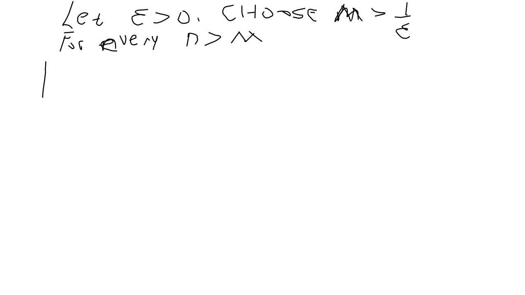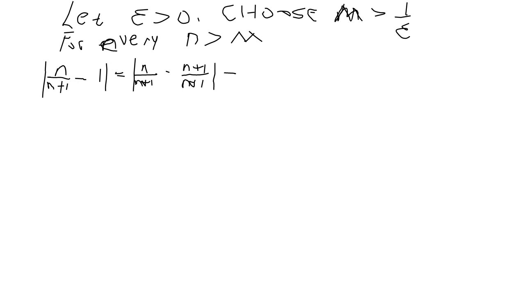let's do it now. n over n plus 1 minus 1 is equal to n over n plus 1 minus n plus 1 over n plus 1. So what I started with is the sequence minus L in absolute value, the same thing I wanted to show is less than epsilon.